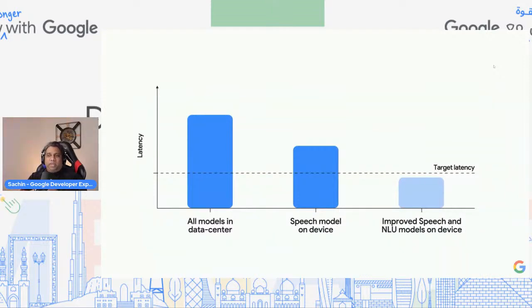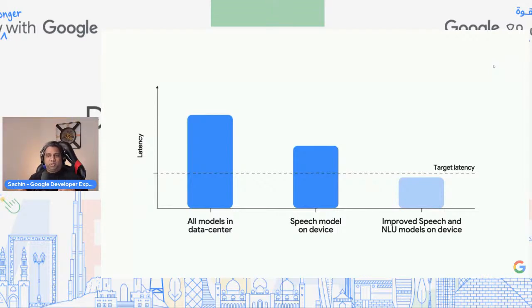When we started off, in terms of having a conversation with the assistant, most of the models were in data centers, right? So you can see, for us to have a natural kind of communication with the assistant, and humans, we are super good at understanding context and nuances just by interacting with each other.